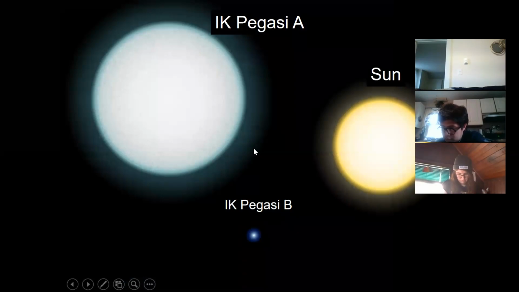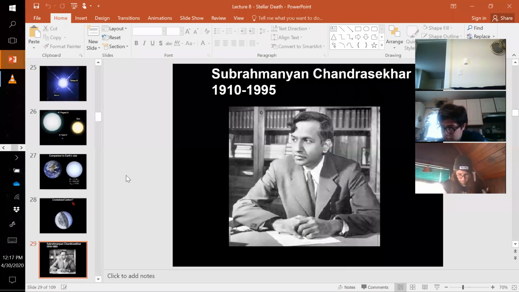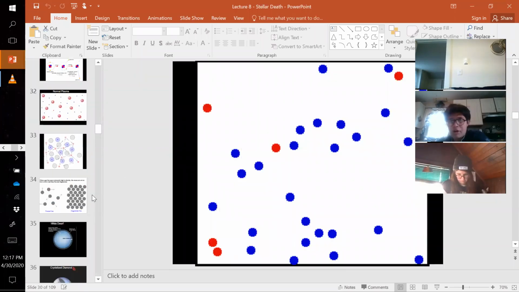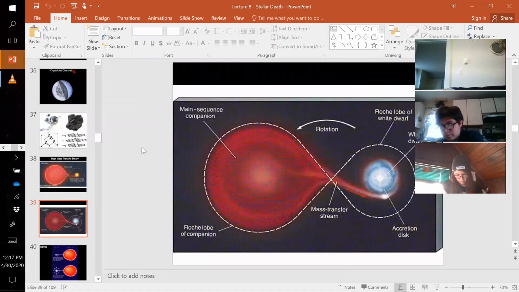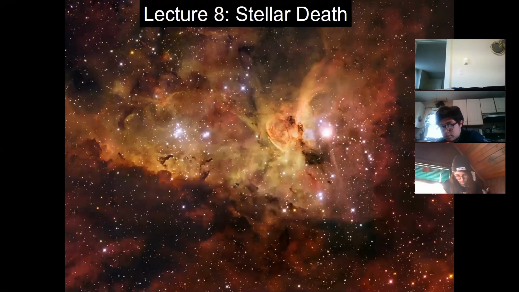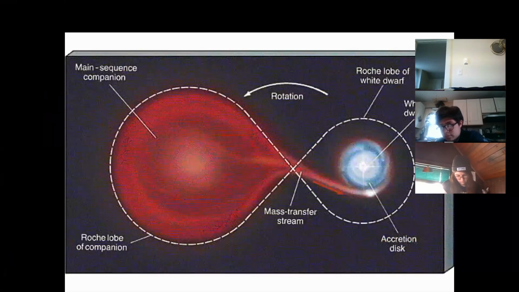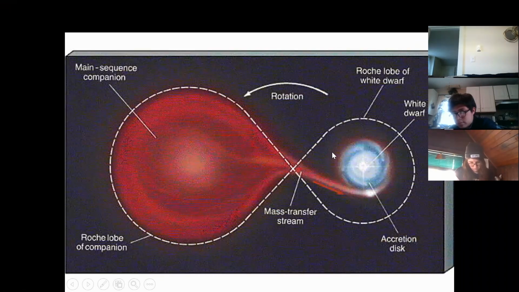Okay, what happens with these binaries is that from time to time, they find themselves in a situation where the stars might form at the same time, but with different masses. And you guys will remember that the mass of a star strongly influences how long it takes to go through its nuclear fusion. So let's imagine a scenario in which 2 stars formed, and one became a red giant just a little sooner than the other.